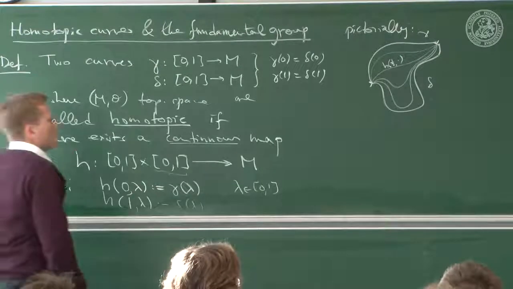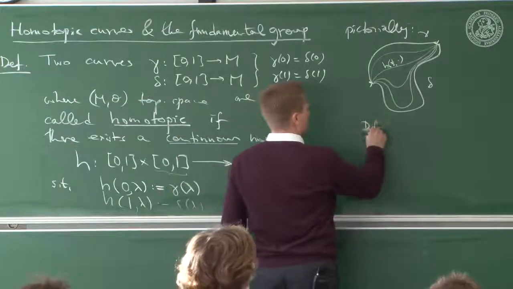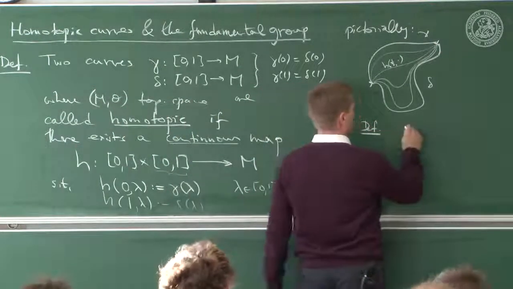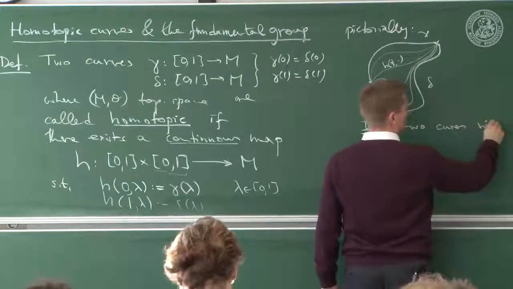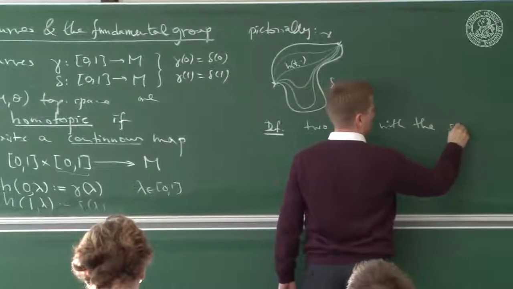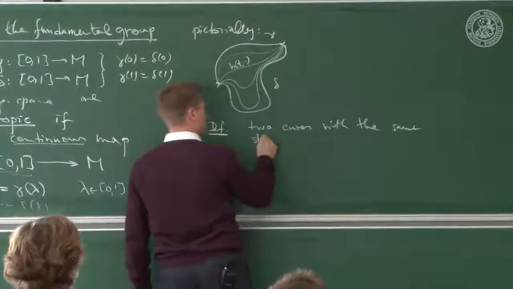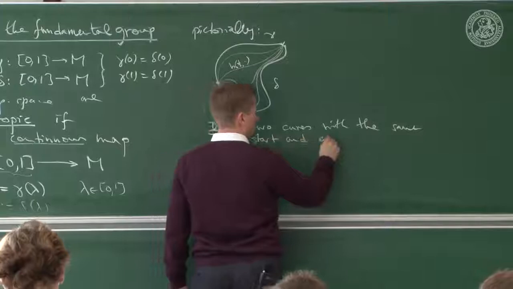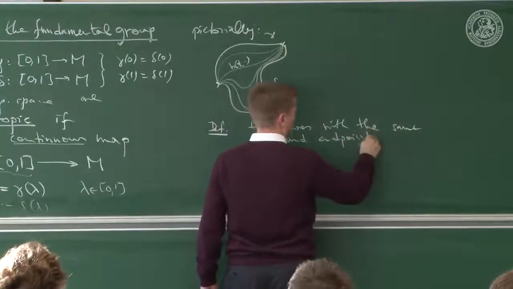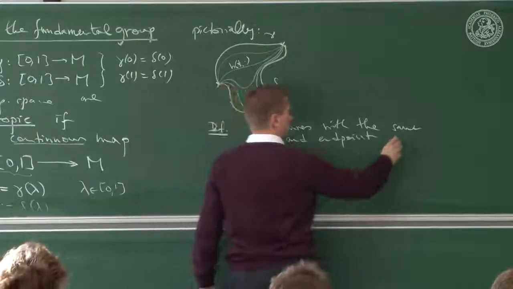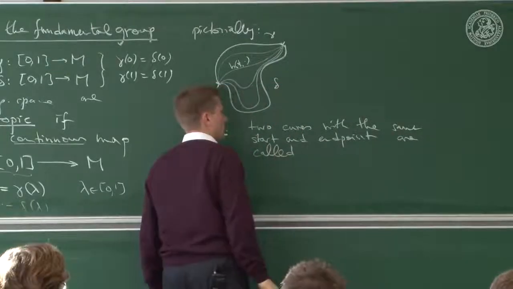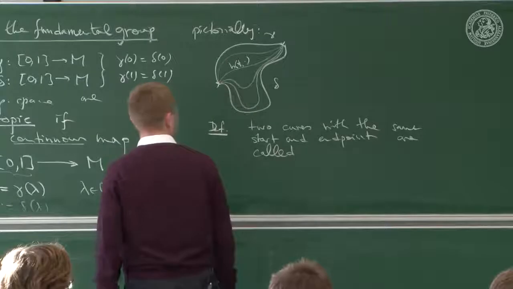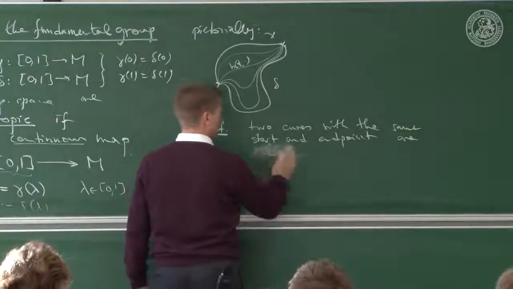Now, we can define an equivalence relation. We can call two curves with the same start and end point equivalent. Well, we already did that. We already called them homotopic.